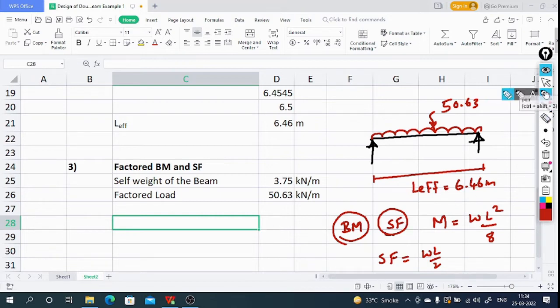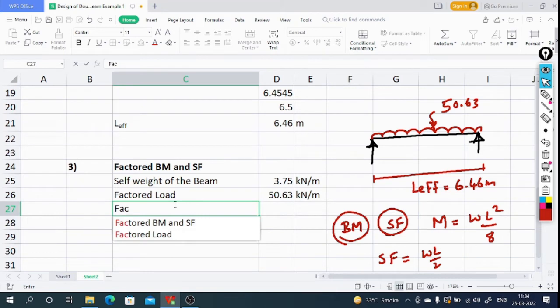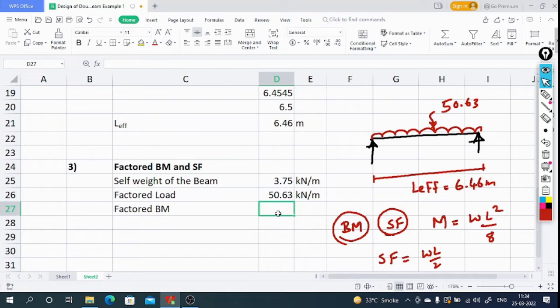Now we have to see how to incorporate these two values, the bending moment and the shear force, in Excel. Factored bending moment equal to WL square by 8.